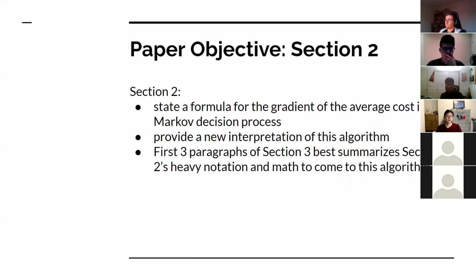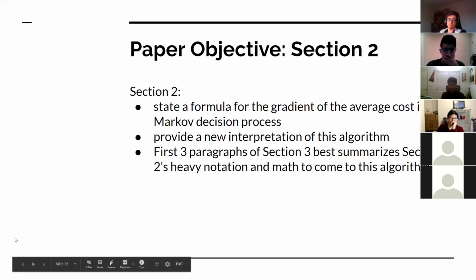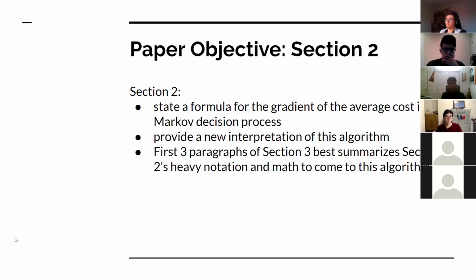Mainly, section 2 states a formula for the gradient of the average cost in a Markov decision process, and then provides a new interpretation, rearranging some parts of the previous actor-only algorithm to incorporate critic-only parameters. A good suggestion would be to first read section 3's first 3 paragraphs that summarize section 2, so you don't get too stuck on the heavy notation or the math for that algorithm.